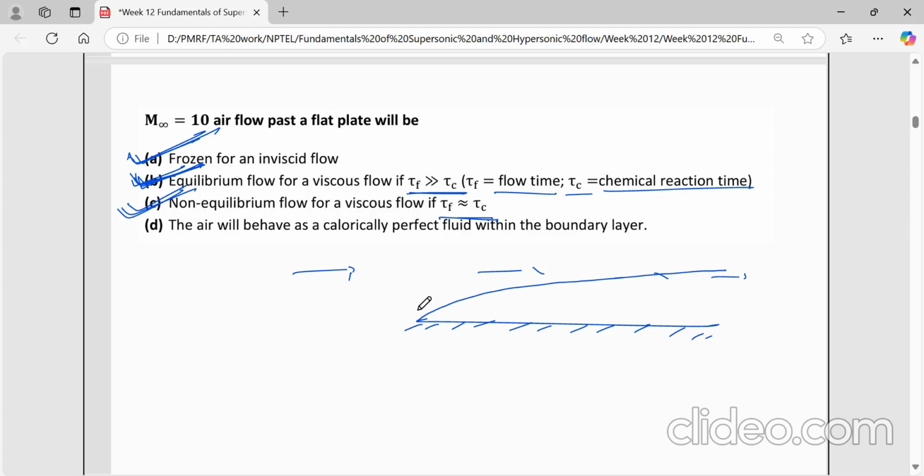So due to this thermal energy, the temperature will be high. Due to this high temperature, there might be vibrational and chemical non-equilibrium present in the system. Or there might be chemical reaction also.